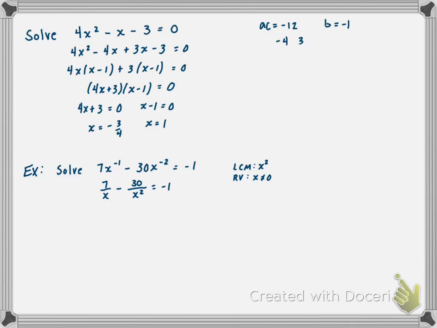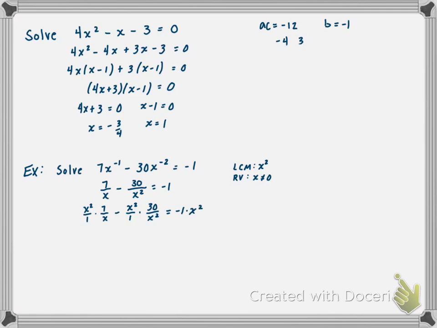So from here, I'm just going to clear fractions, so I'll multiply all terms by x squared over 1, because that's my LCD. So we have x squared over 1 times 7 over x minus x squared over 1 times 30 over x squared equals negative 1 times x squared.